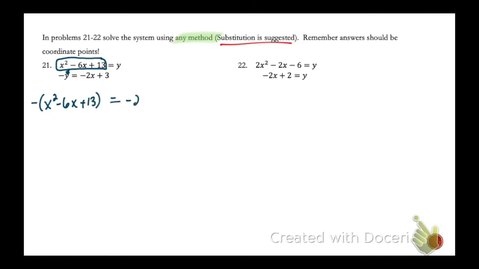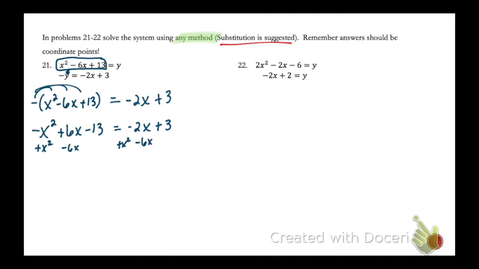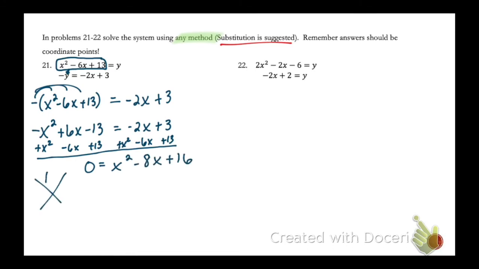Once I do that, I need to distribute the negative that's out front of it. And then I'm going to get everything on the same side. I'm going to move everything over to the right side so that my x squared is positive. Now I can factor by grouping.